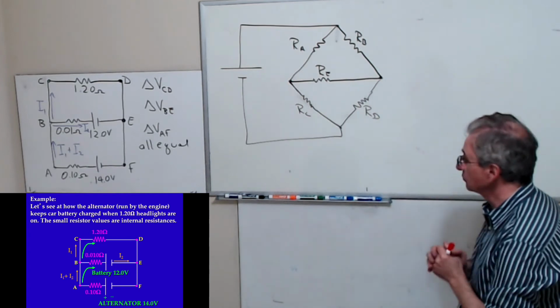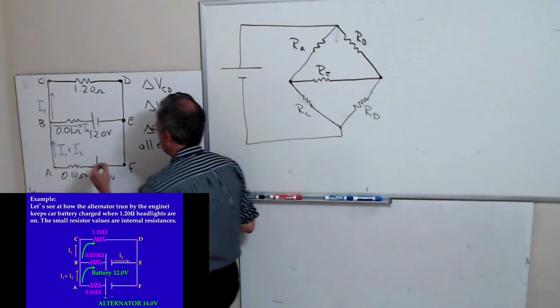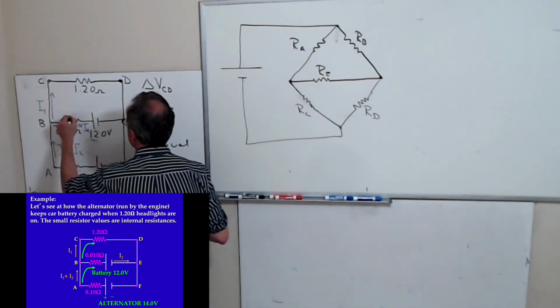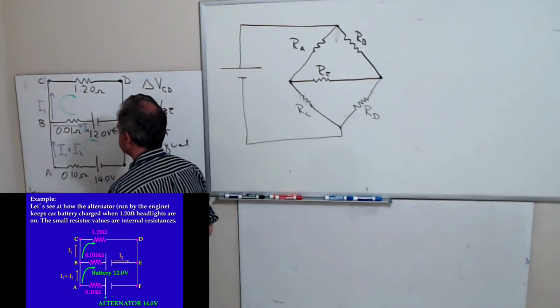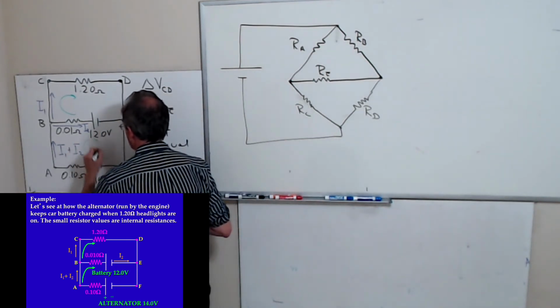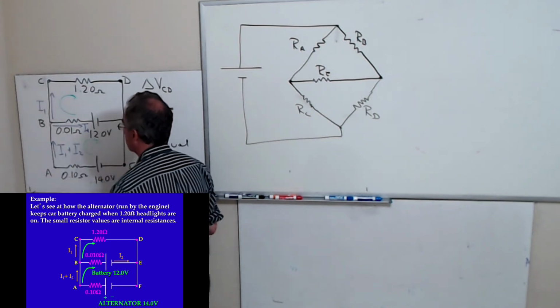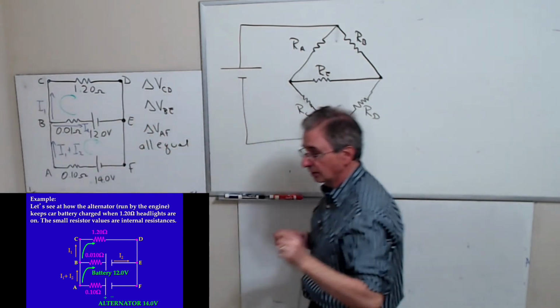Okay, so let's move on. So I'm going to sum voltage drops this way. So I'm saying the current is going in this direction. I'm summing the voltage drops clockwise.